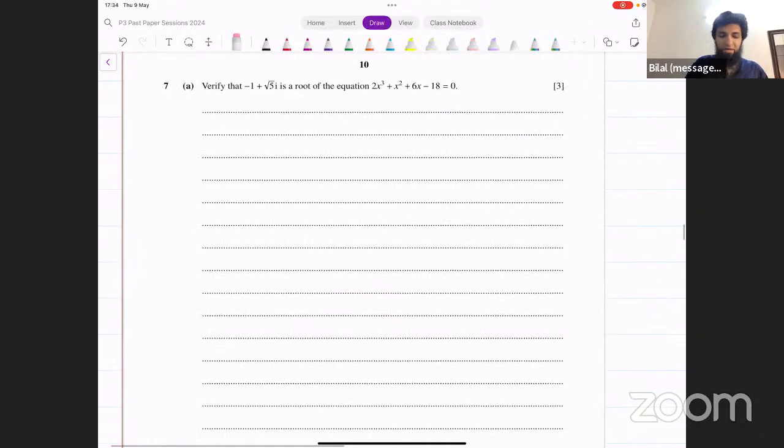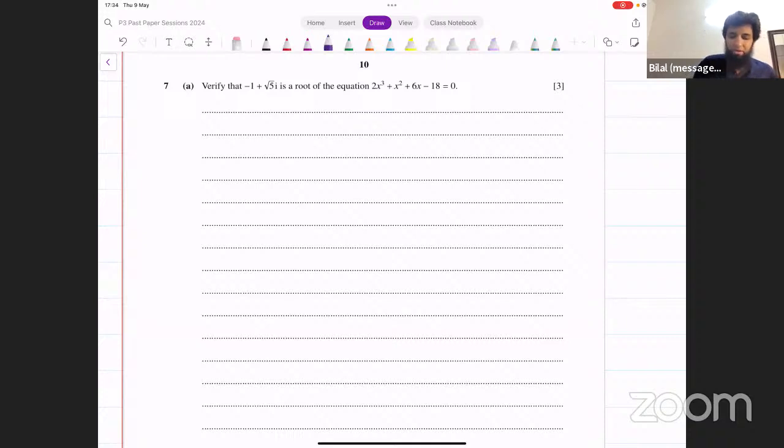It says verify that minus 1 plus under root 5 iota is a root of this equation, which is 2x cubed plus x squared plus 6x minus 18. Now, how do you do that? You have to input this value inside this equation, simplify everything and prove that the left-hand side and the right-hand side become equal.